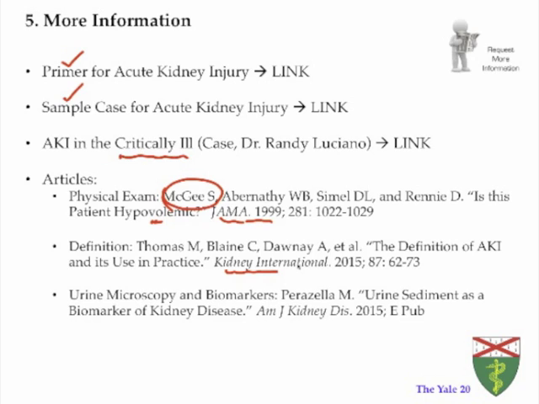And also, finally, I'm very excited to also say some of those markers and numbers we talked about specific to the casts. These are better discussed by our very own Dr. Parizella in his article, Urine Sediment as a Biomarker of Kidney Disease, which was published this past year in the American Journal of Kidney Disease.